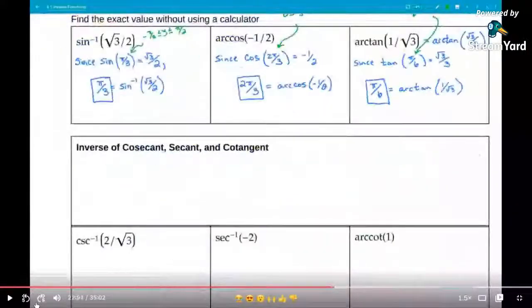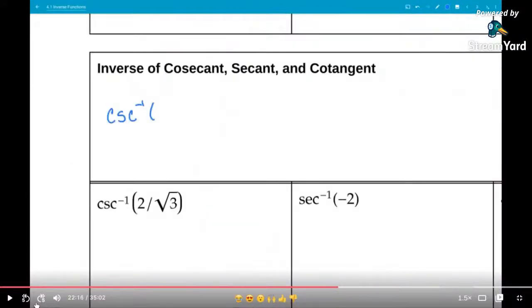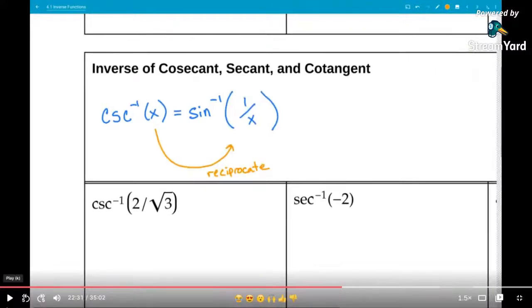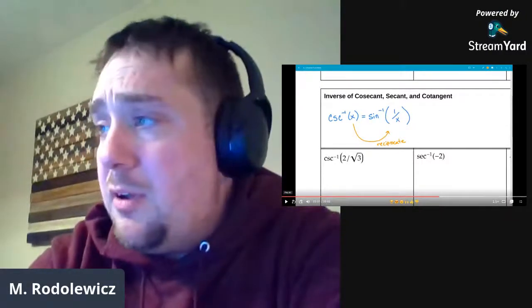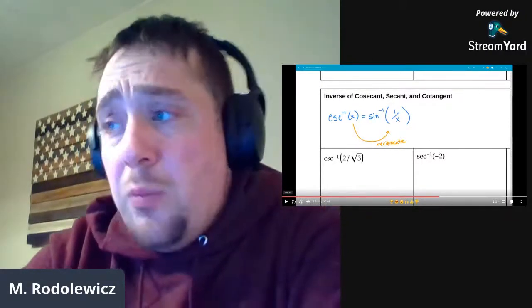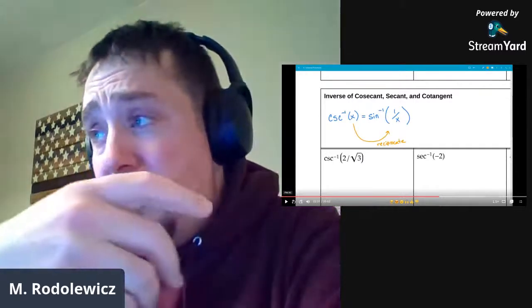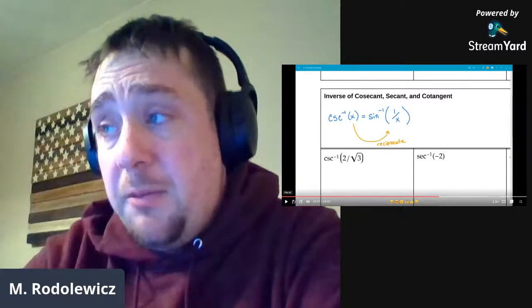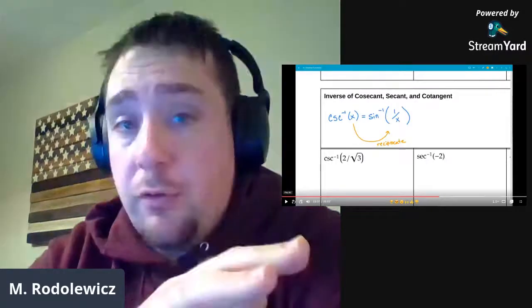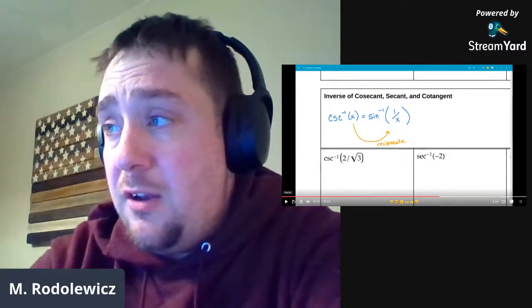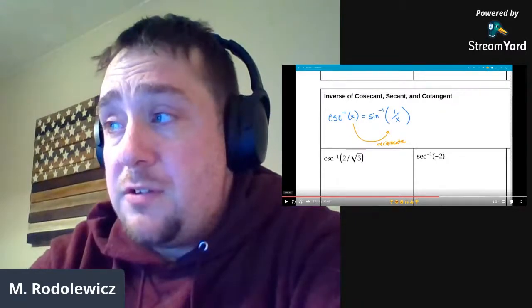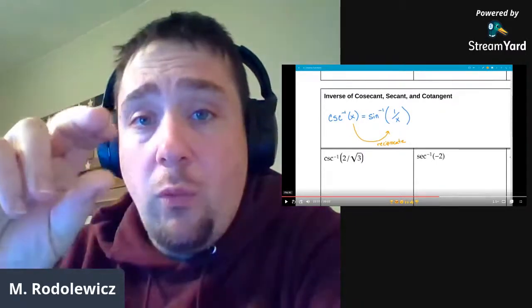So now the inverse of cosecant, secant, and cotangent. Pretty easy to memorize, I should say. We know that the cosecant function is the reciprocal of the sine. So without proof, just stating the fact here, the inverse cosecant of x is equal to the inverse sine of 1 over x.